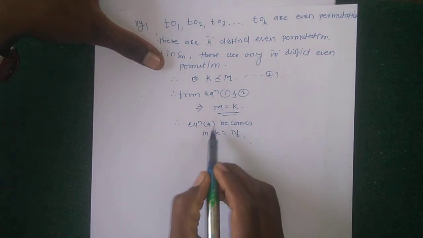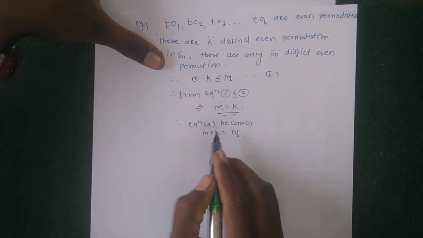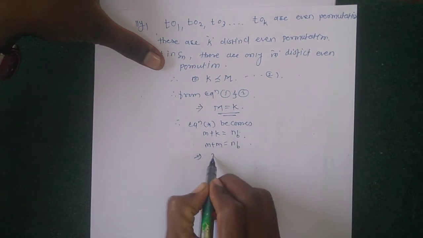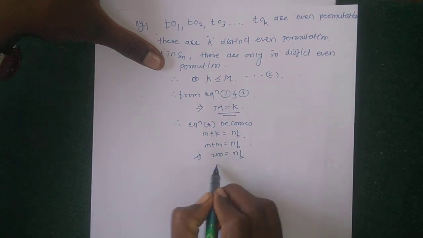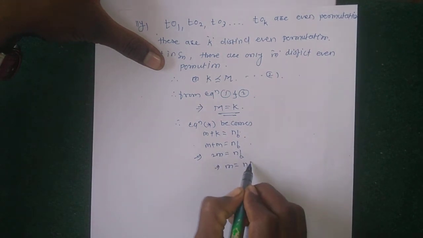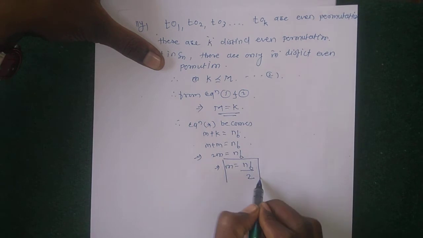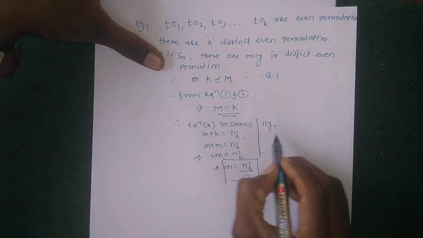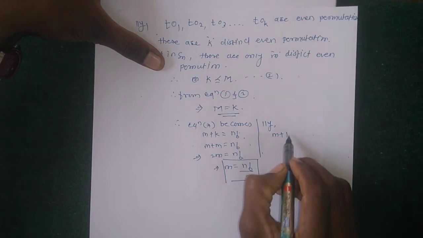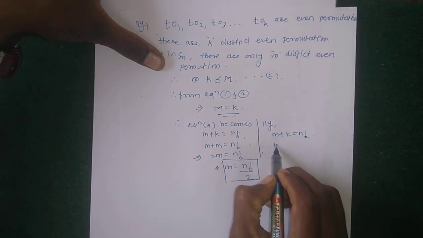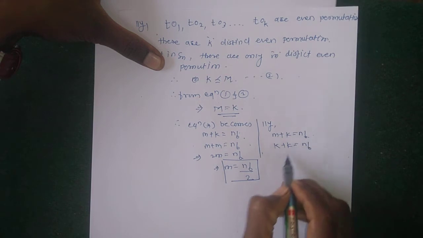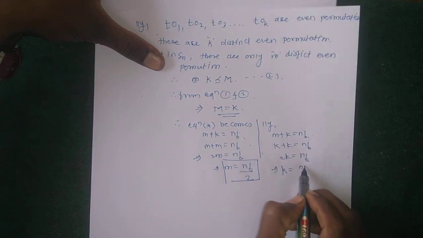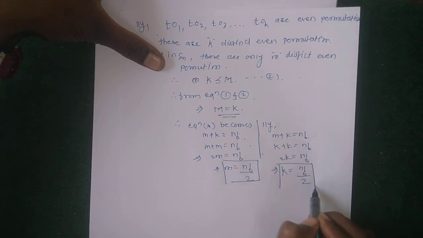If we put m equal to k, then m plus m equals n factorial, which implies that 2m equals n factorial, so m equals n factorial upon 2. Similarly, if we put k plus k equals n factorial, then 2k equals n factorial, which implies that k equals n factorial upon 2.